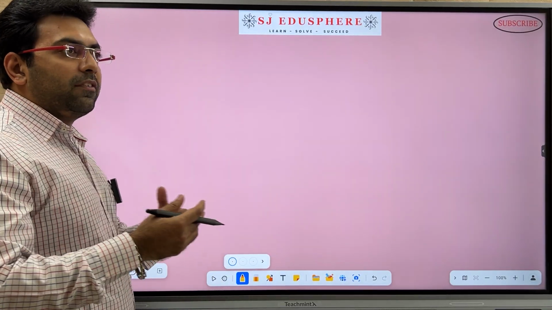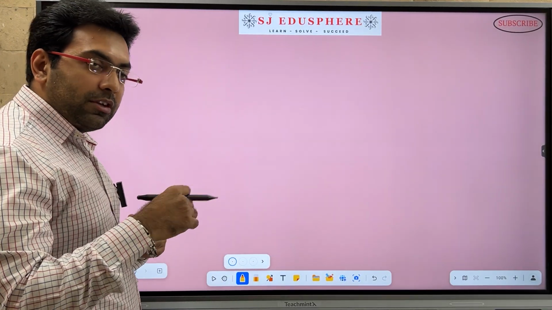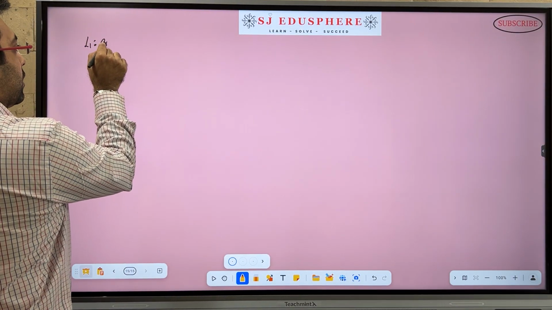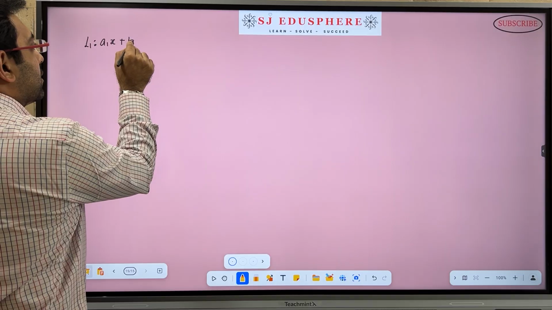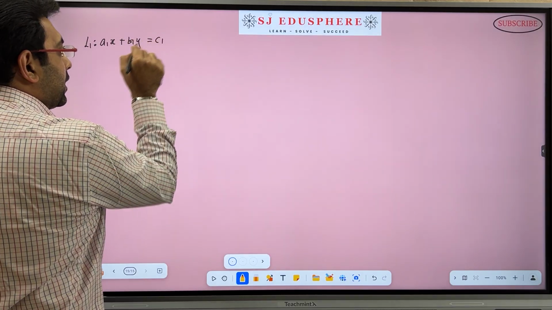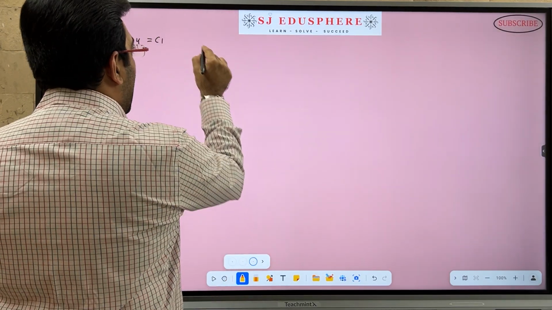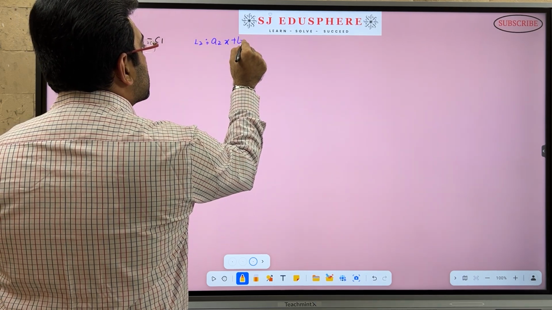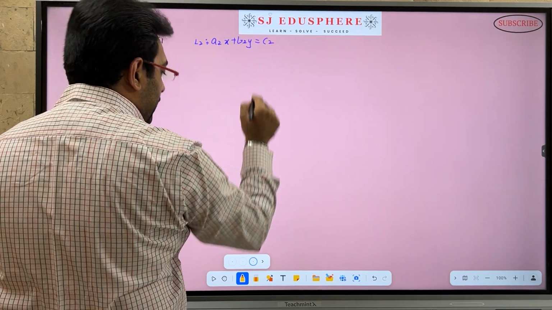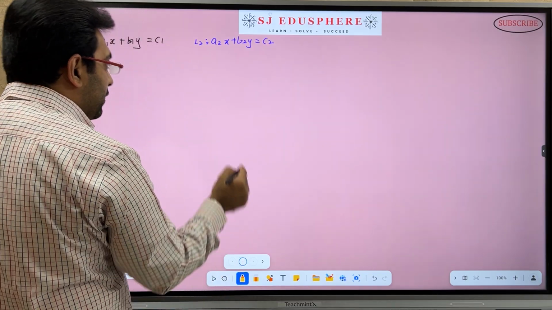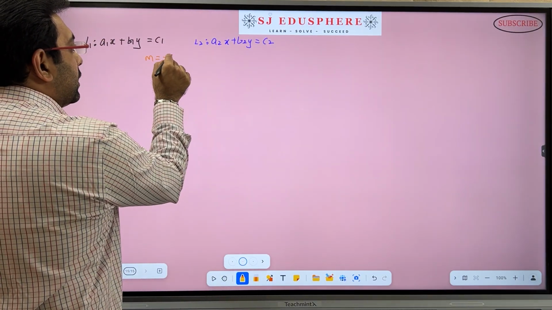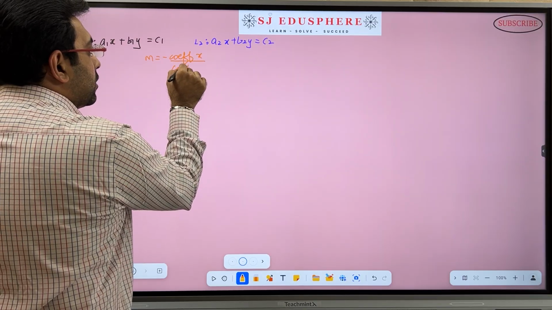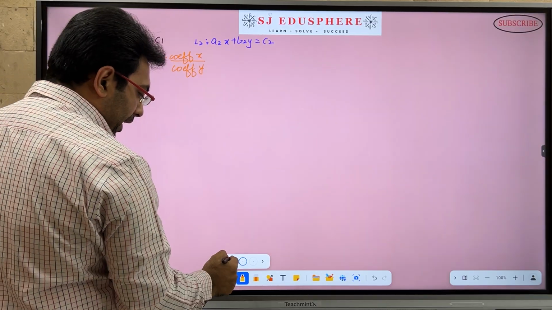Now, what happens for the third method when you already are given a line? How do I identify which is x on y and which is y on x? So suppose you have line 1 as a1x plus b1y equal to c1, and line 2 as a2x plus b2y equal to c2. We will find the slope, that is minus the coefficient of x upon coefficient of y.